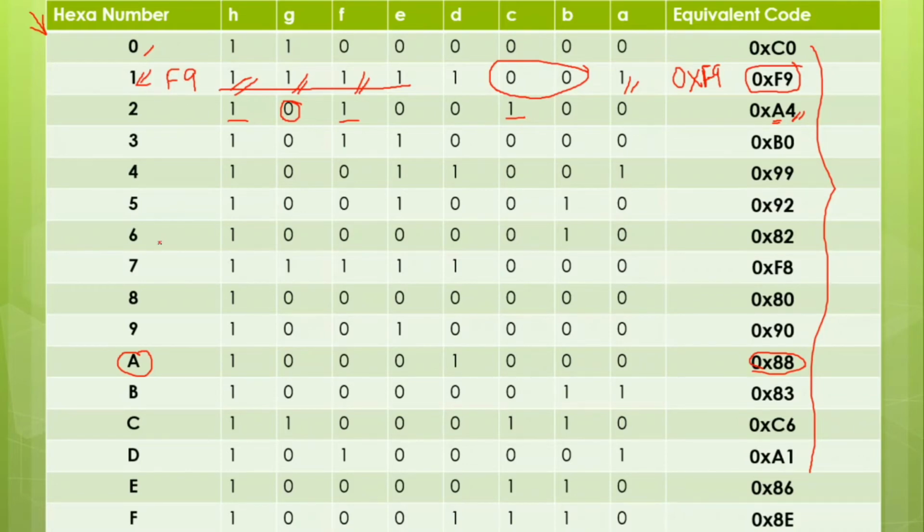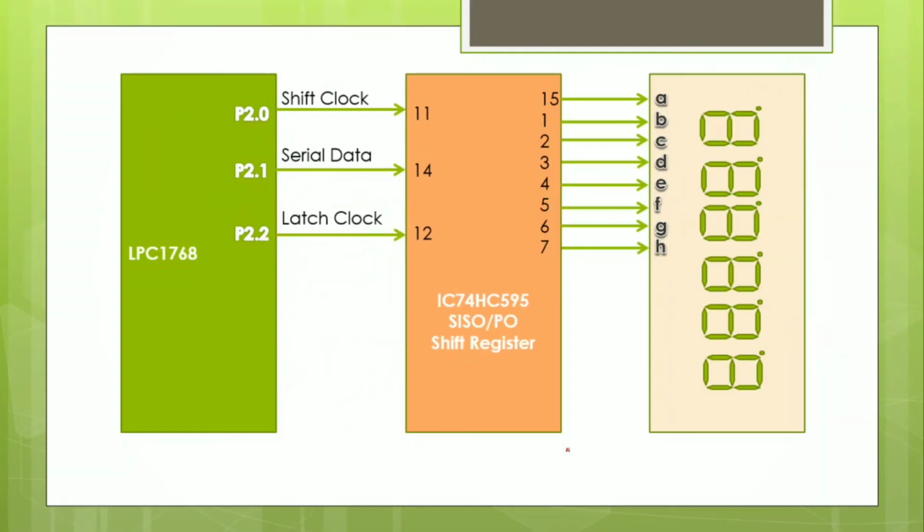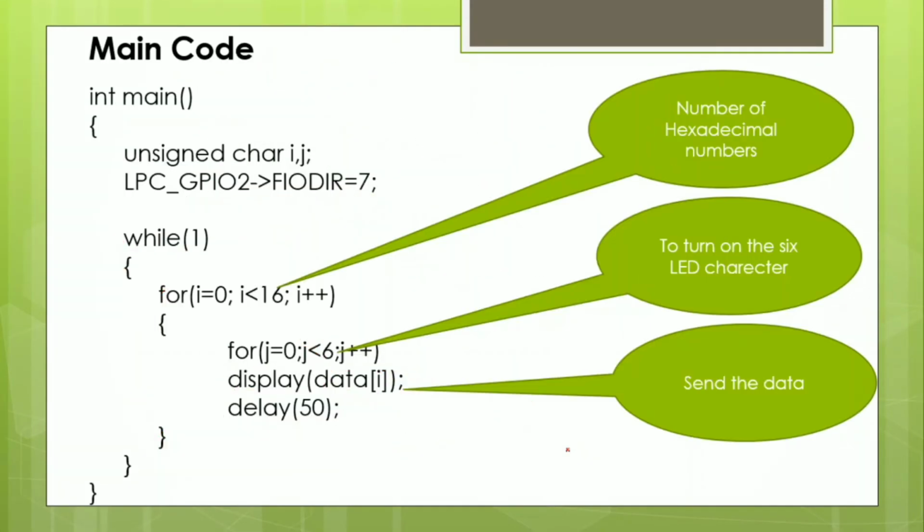Okay, so I'll take any random value. Shall I take this? I'll take the value of D, which is equal to A1. How do you write A1? 1 0 1 0 0 0 0 1. So now I'm taking the value A1. I'll come back to the slide.